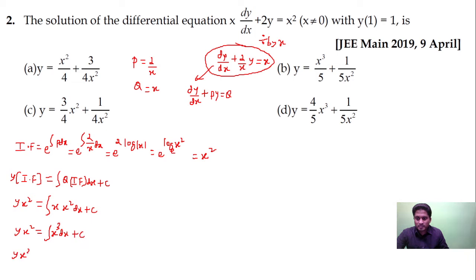Integration of x cube is x to the power of 4 divided by 4 plus c. Let us call this equation 1.